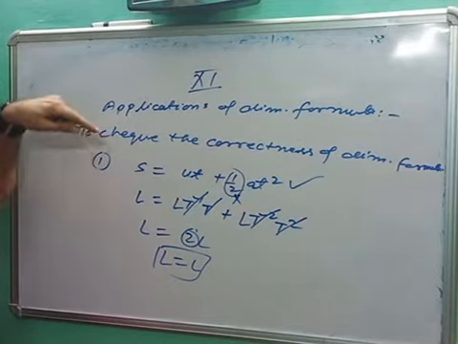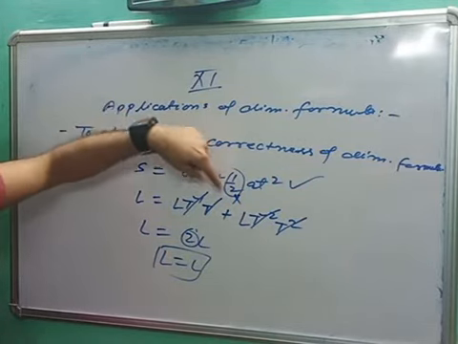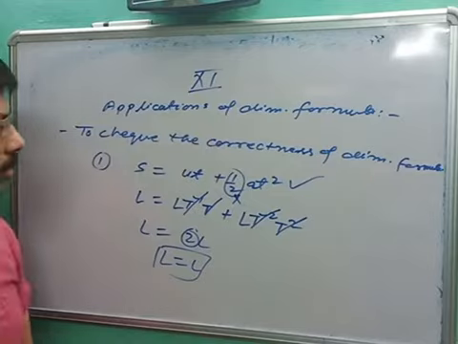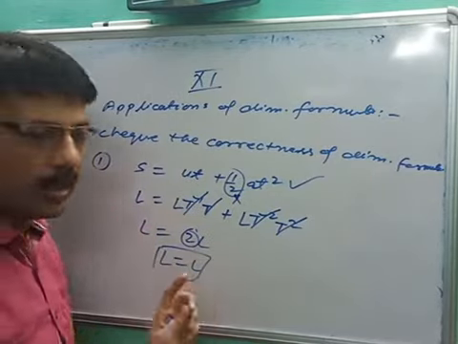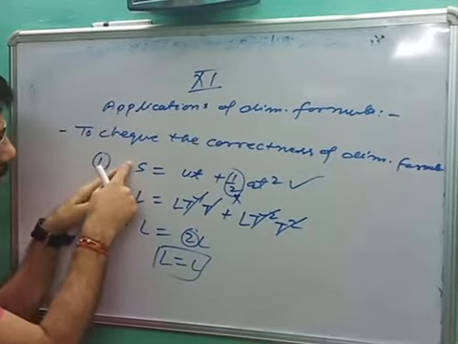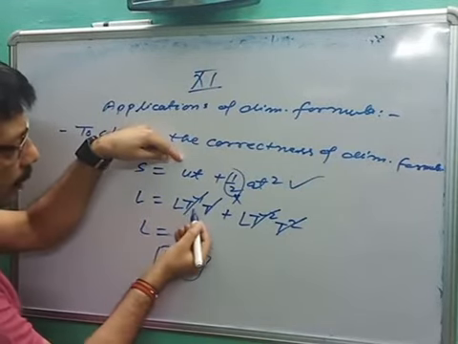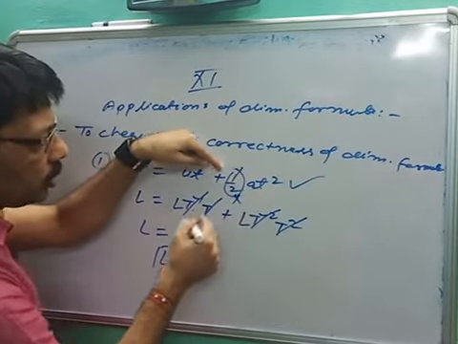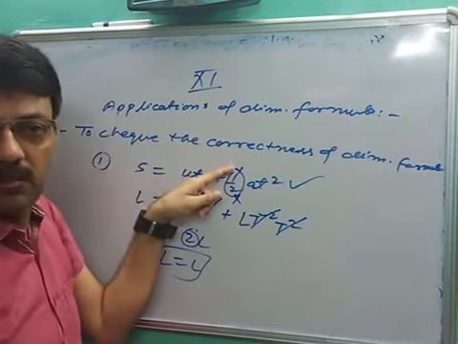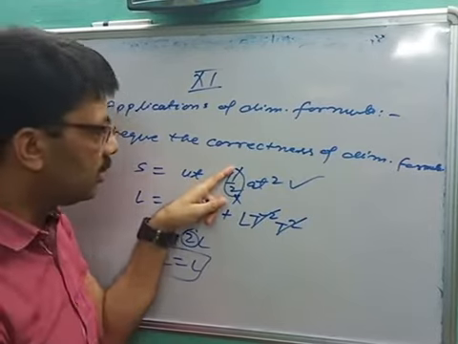We are trying to find out whether S is equal to ut plus 1 upon 2 at square is correct or incorrect. For this, we have to write the dimensional formula for each physical quantity. S is the length, you better know, it is L. u is the velocity, Lt power minus 1. T for time. Plus 1 upon 2 is not a physical quantity, it is a number only, so it is dimensionless.